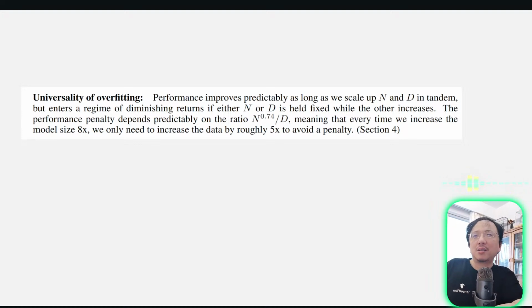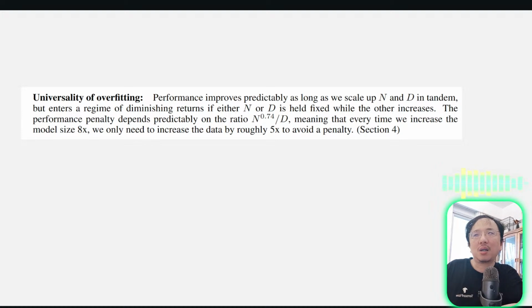Okay, the second observation is what they call the universality of overfitting.